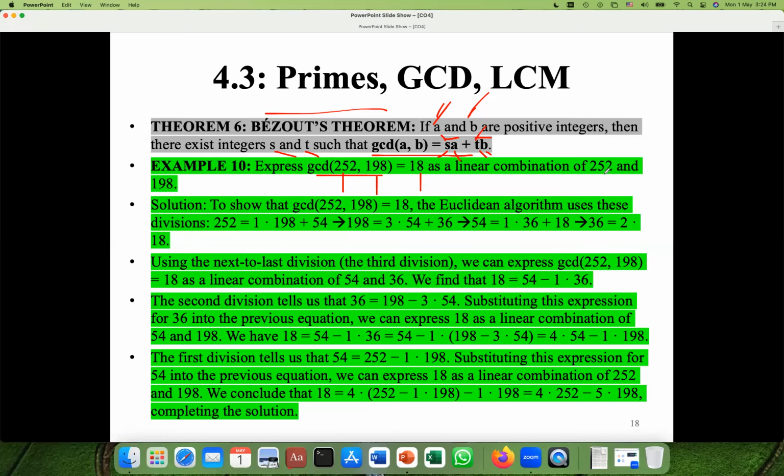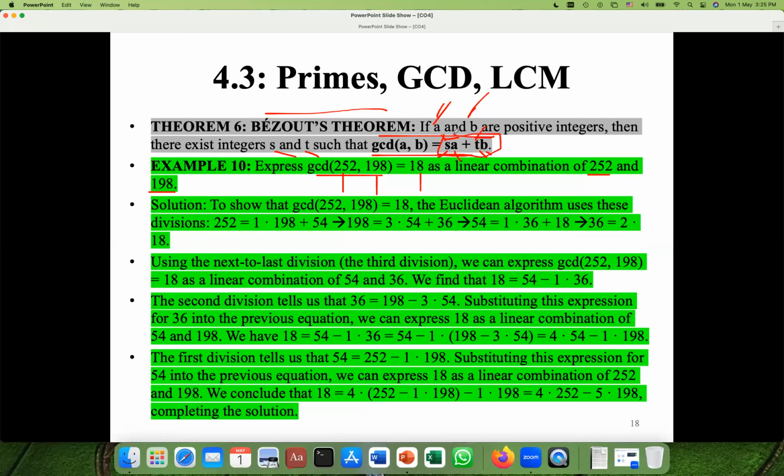The second part will make it clear. Express this GCD as a linear combination of 252 and 198, that is, as a linear combination of a and b. So the question is to express it in the form of a linear combination.